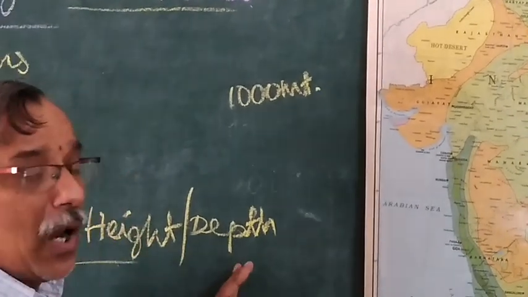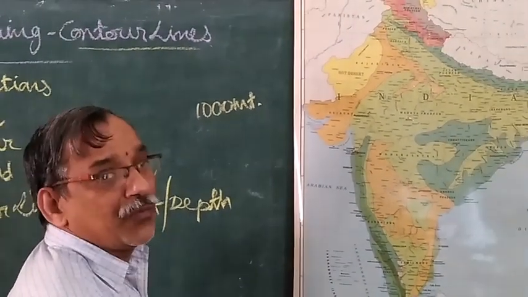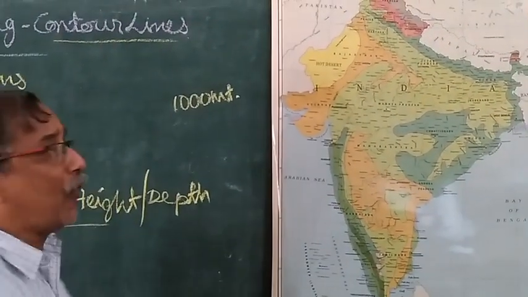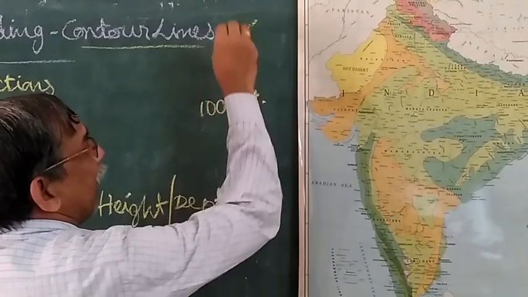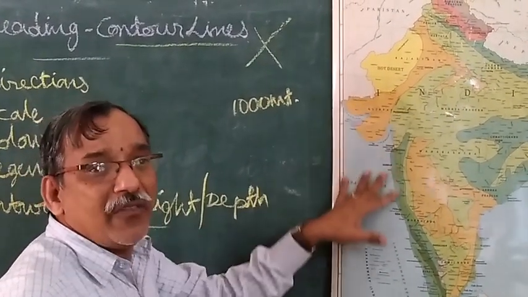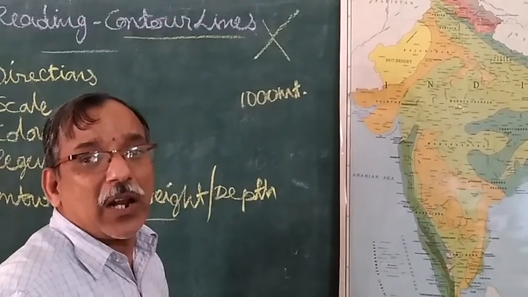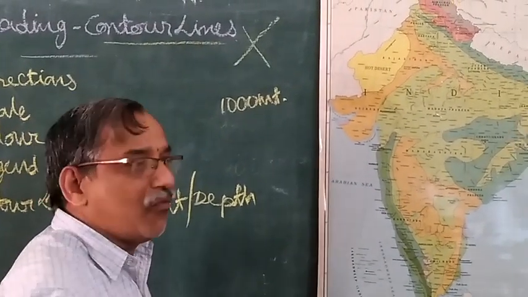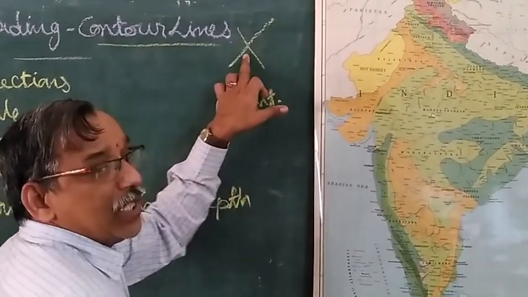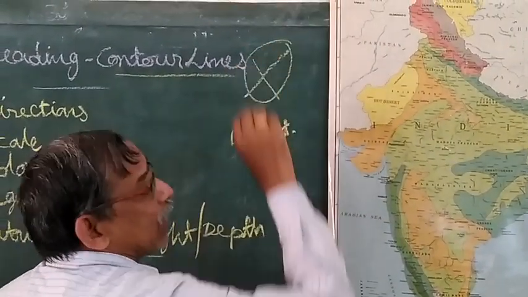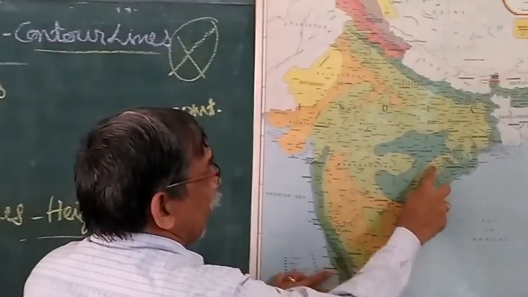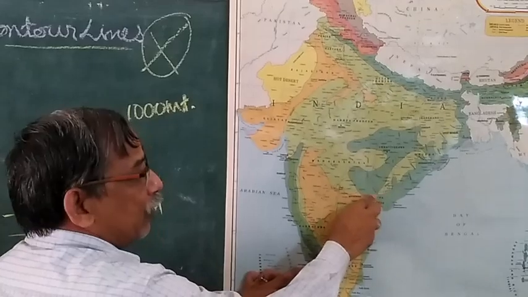One more concept we have to know about contour lines: they never cross one another. They never cut off, that means never intersect, because a place cannot have two different heights or depths at a time. Only one height or depth it will have. So crisscross lines are not there in contour lines. Here also you can observe there is no crisscross.